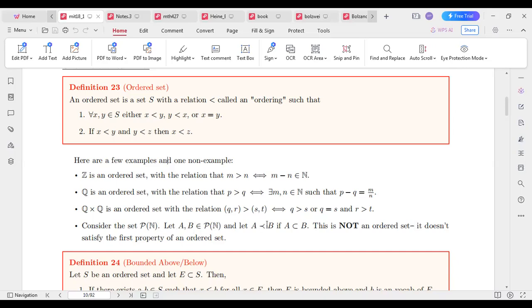Let A be less than B if A is a subset of B. This is not an ordered set. It does not satisfy the first property of an ordered set. So you have to remember these two properties of an ordered set.